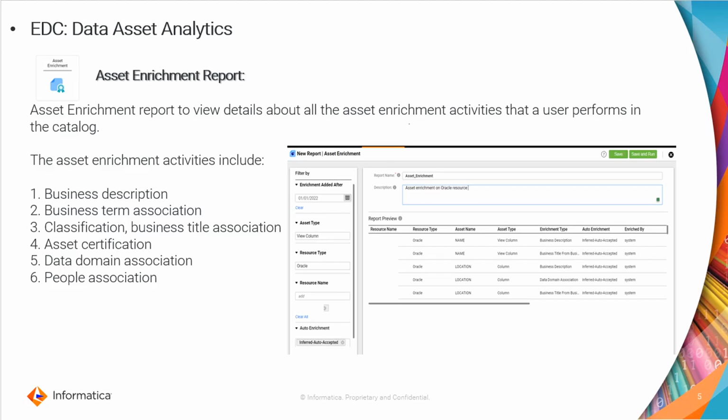All of this asset enrichment you can see in the asset enrichment reports. You can also filter using the asset type, the resource type, or the resource name. You can also provide the enrichment date from which you can generate the report.